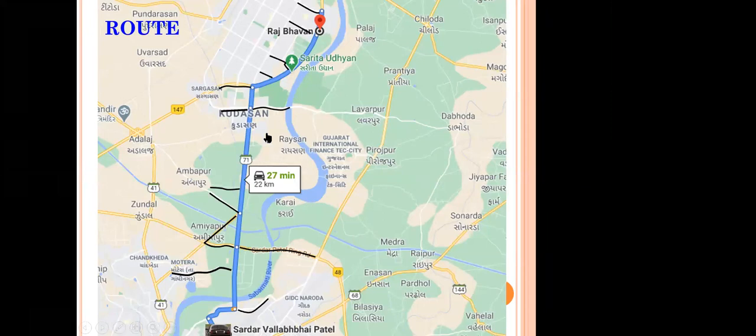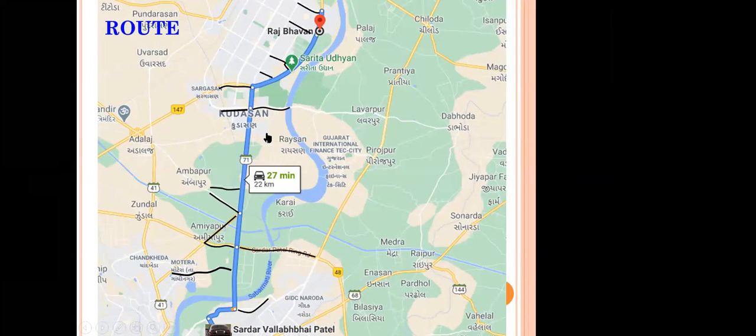As a common man, we decide ourselves and we go, we follow the traffic rules, we follow the traffic signals, and we drive safely, we reach our destination. But the other day, the President of India was here at Ahmedabad. I'm at Ahmedabad, so I have taken the example of Ahmedabad.